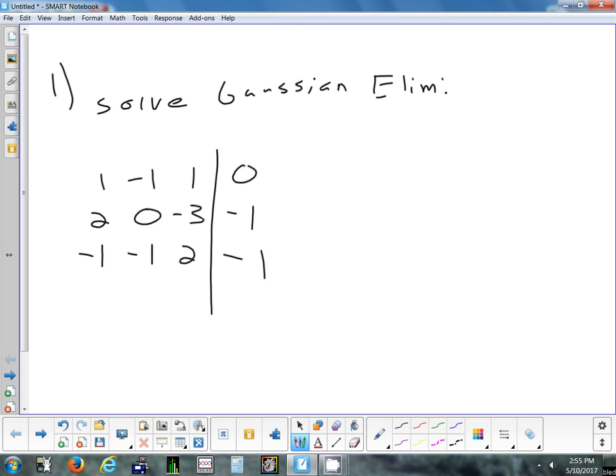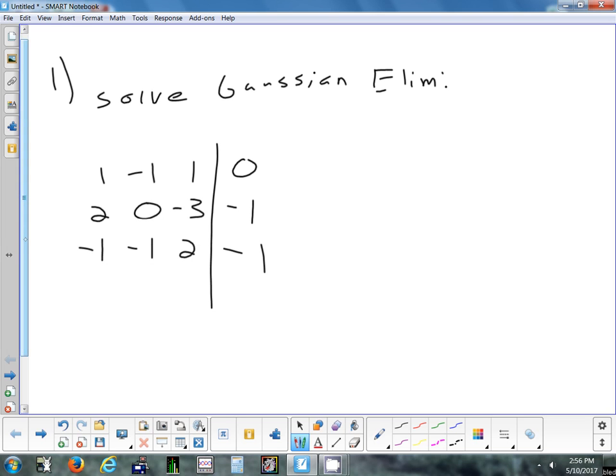All right, so what's the overall goal when you have a matrix? You want to put it in row echelon form. And what does that mean? It means that rows 2 and 3 in column 1 are going to be zeros. Then you want row 2, column 2 to be a 1 as well.